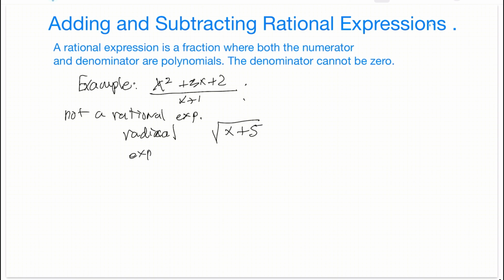Where we've got exponents, that'd be like 2 to the x plus 3. And then just simple polynomials, because that's not the ratio of two polynomials.